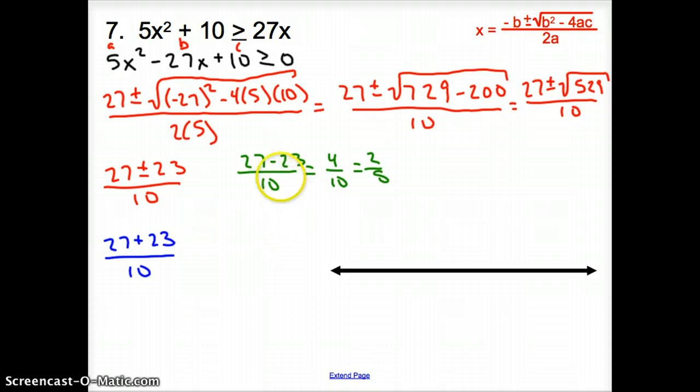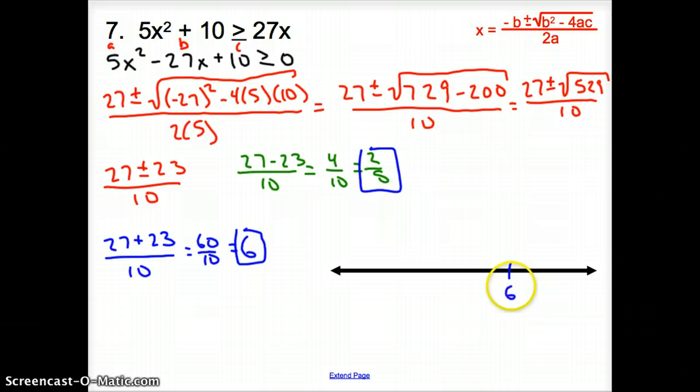Then for the blue guy, we have adding up to 60 on top over 10 on the bottom, which gives us 6. So our two answers are going to be 6 and 2/5, right? So we can put those on the number line right away. So I'm going to go with 6 and 2/5.